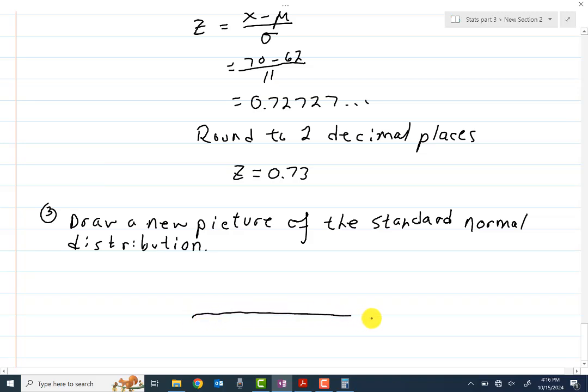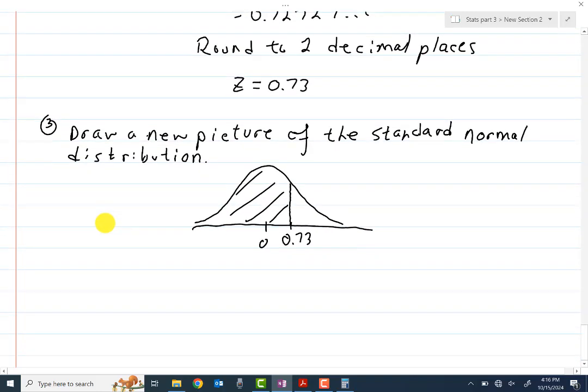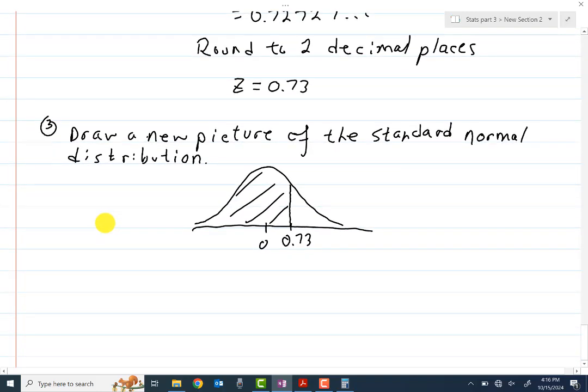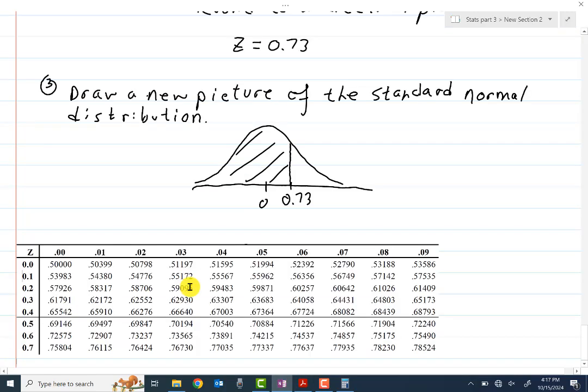So this will be the one that I'm going to use the table with. That's basically what we do. We transform the problem into one that we can handle. Now I'll just go to the table. All right, I have enough of the table to tell. 0.7, there it is, 0.73.